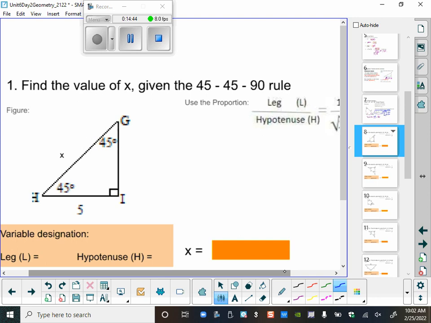You may not see it well, but that's the 5. Is the 5 a leg or a hypotenuse? That's a leg. In this case, do we need both legs or just one leg? One. Do we know what this other leg will be?